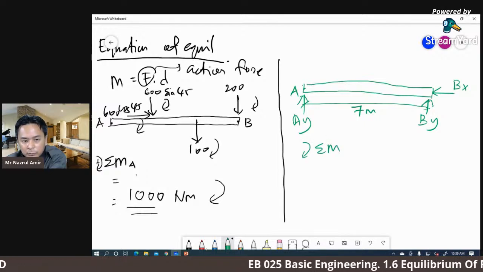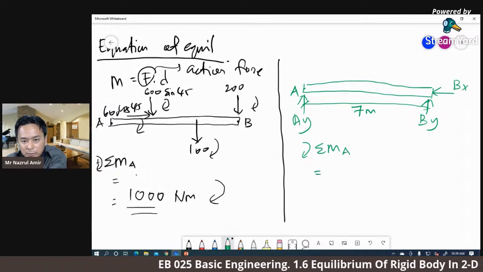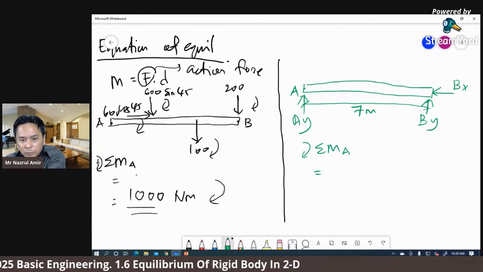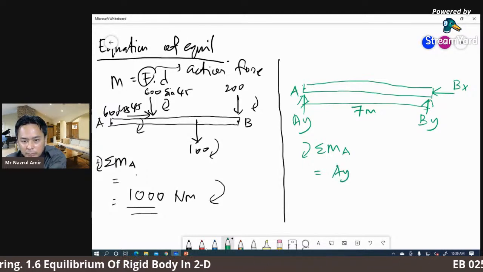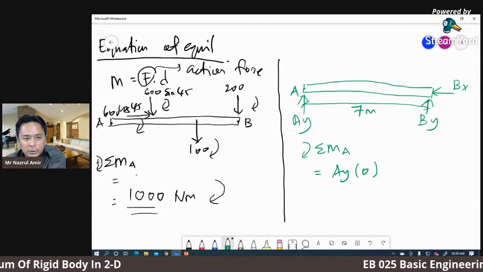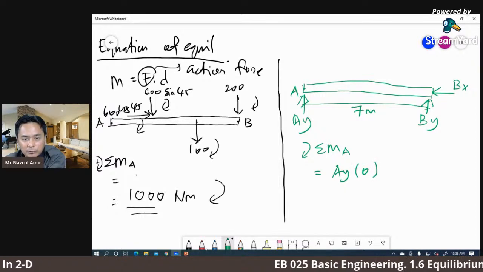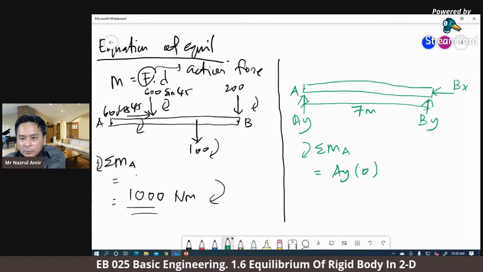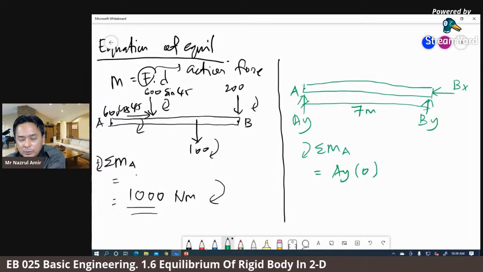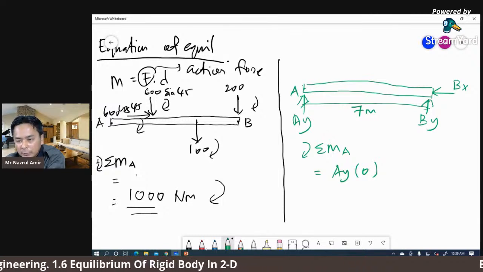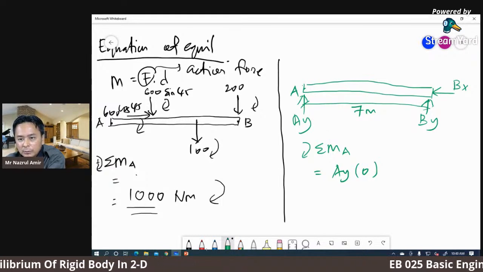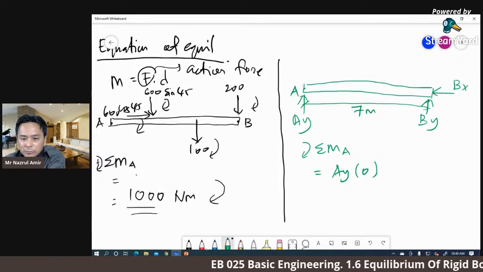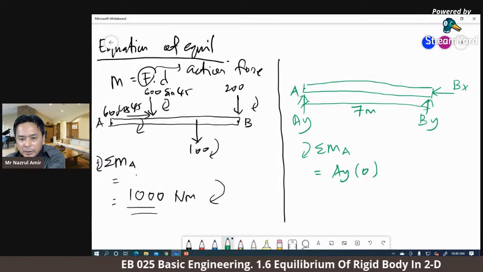Now we are taking moment at the same point. Summation of moment at point A equals... First of all, the force Ay will produce 0 moment at point A. Ay will be times 0, because Ay acts along the same line as point A, so the distance will be 0. So the only reaction force that will produce moment at point A is By. Bx will be the same case as Ay.